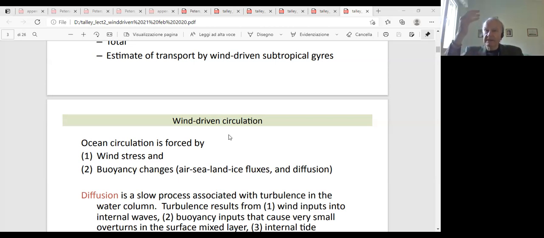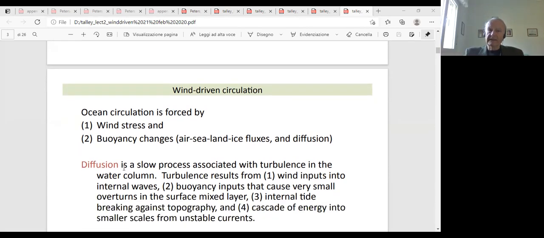So we have the air-sea and land-ice fluxes. We have the air-sea fluxes of heat. We have land-sea fluxes of heat, and we have also diffusion. Diffusion is molecular or turbulent diffusion, mainly turbulent, because turbulence is a much stronger process than molecular.